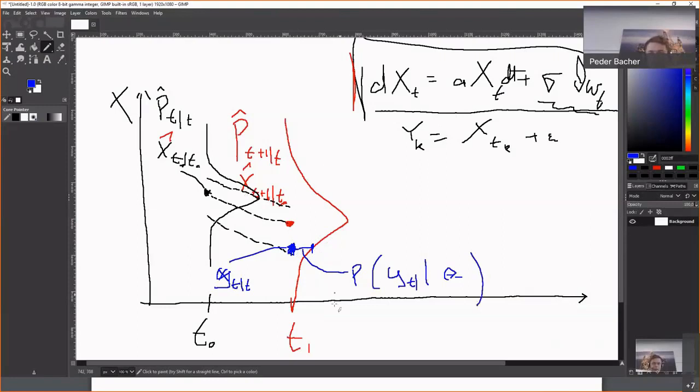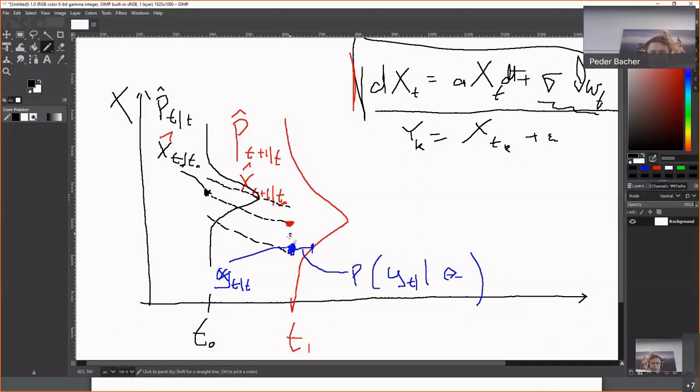Once we have those, the Kalman filter magic comes, because in what we call the update step, this was our prediction, this was our observation, and now the Kalman filter will calculate an updated value, which will lie in between.